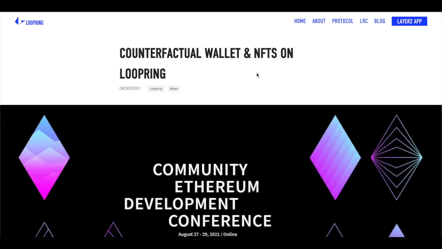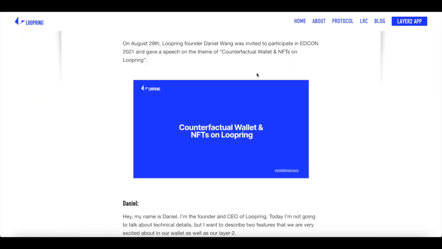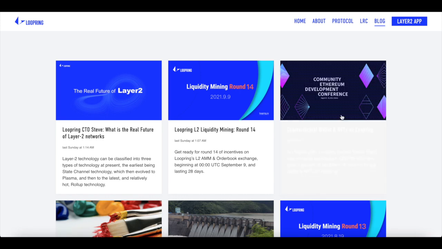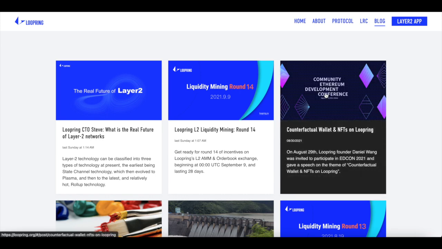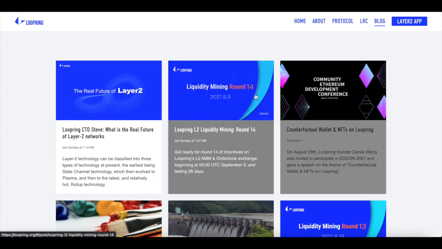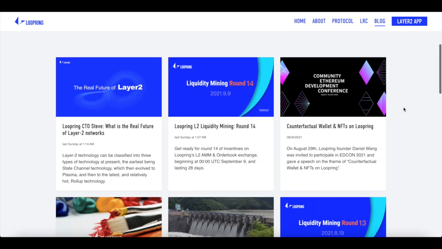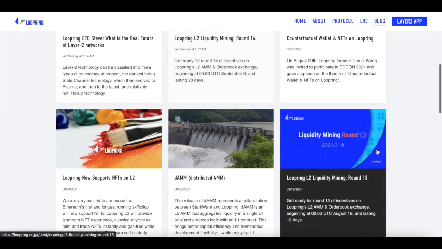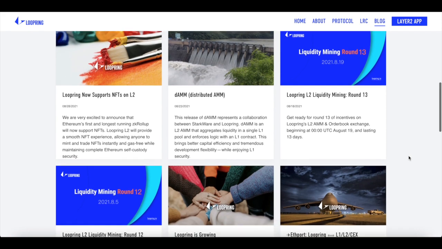Now, on the other hand, we've got some updates: counterfactual wallets and NFTs on Loopring. As of August 29, Loopring founder Daniel Wang was invited to participate in EDCON 2021 and gave a speech on the theme of counterfactual wallets and NFTs on Loopring. So these are some of the main updates on the Loopring blog, and I do recommend you check out some of these for yourself if you're interested in learning more about Loopring.